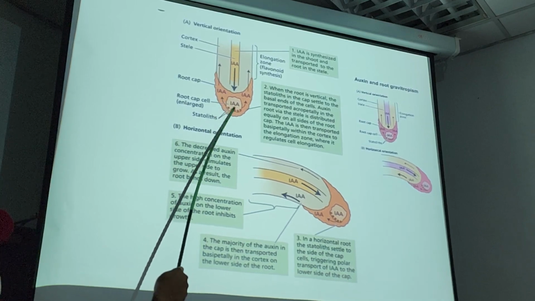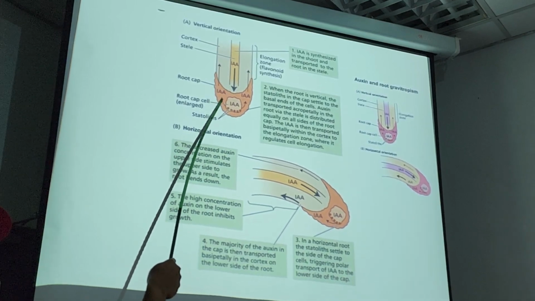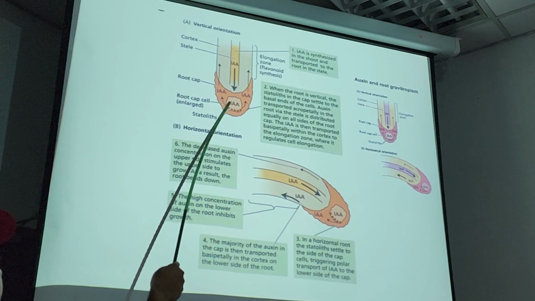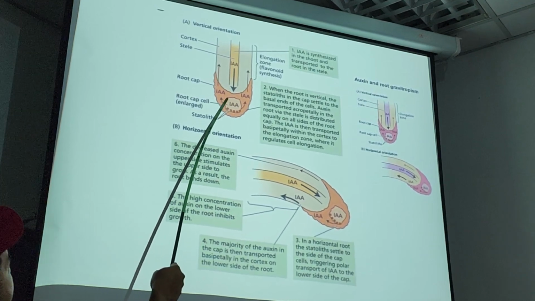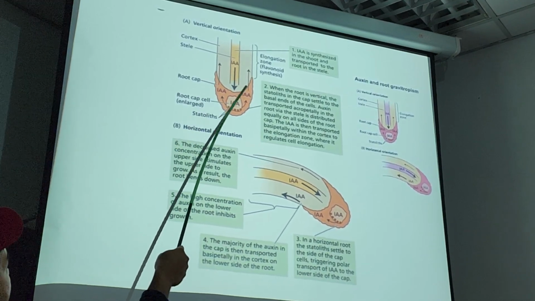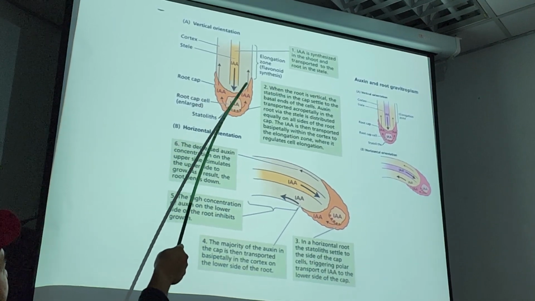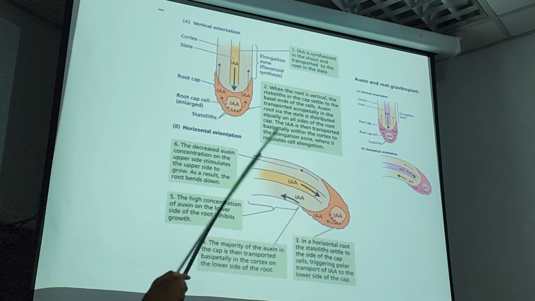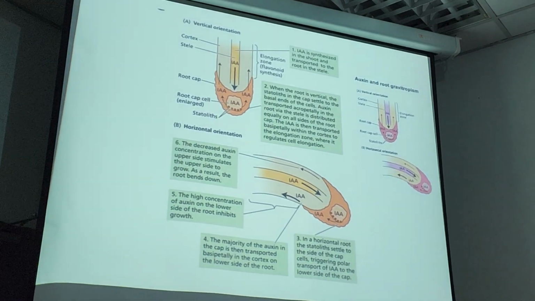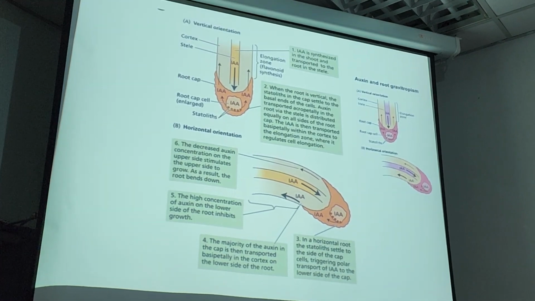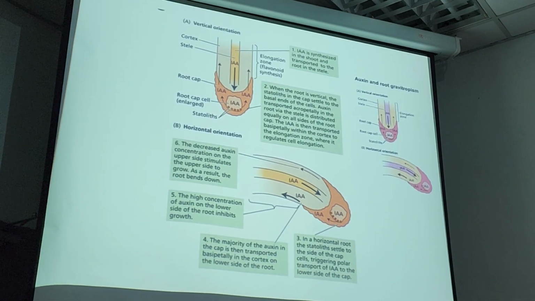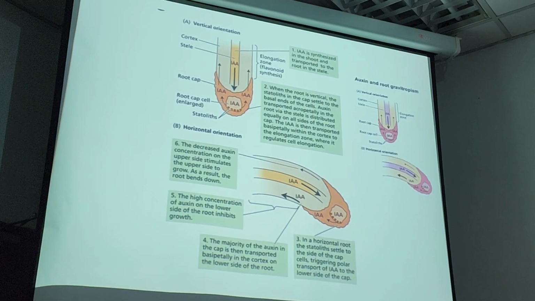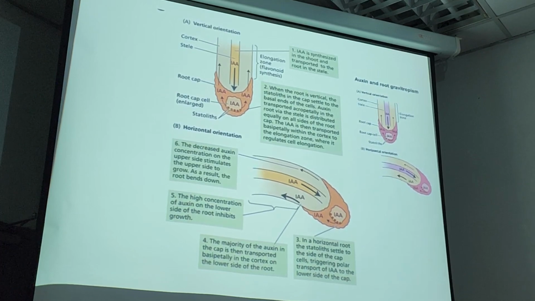So when this happens, the auxin that is produced locally in the root will start to be produced equally on either side. Auxin has a tendency to stay far away from the statolith. Whenever statolith is there, auxin is like, I don't like to be there, I just want to shy away from it.